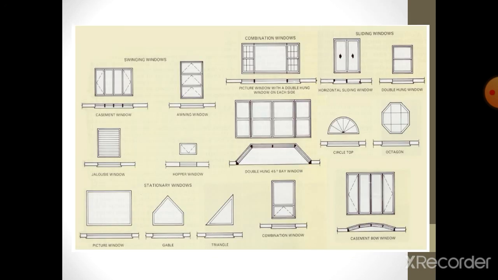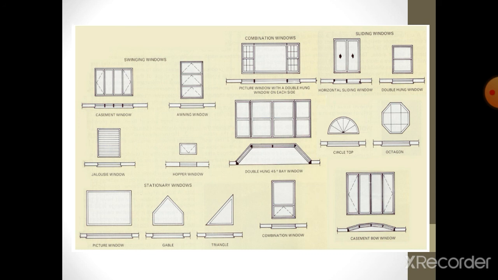Next is the window schedule. So maraming kayong pwedeng gamitin na design for your windows. So usually I will require you to have at least 2 to 3 types of window schedule that you need to include on your plan, kasi you need to have variation. It depends on the styles that you want to apply on your design.